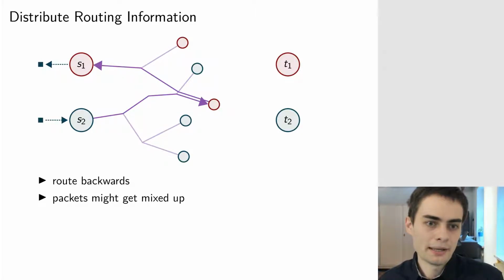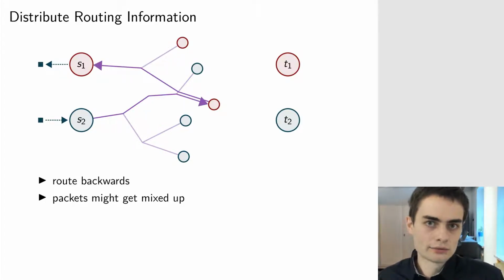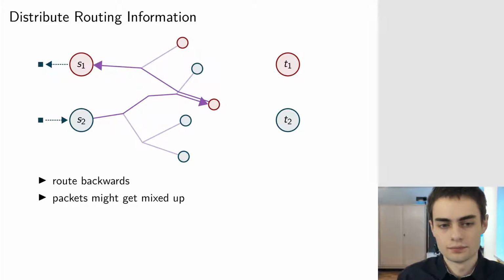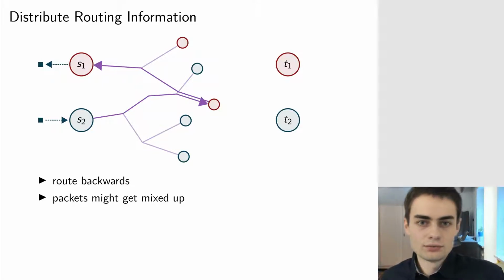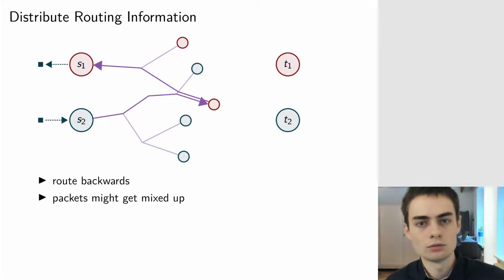In particular, a packet here of the second source might end up at an intermediate node, which originally belonged to the first source. And it's not clear how to route from that intermediate node to the target which we want. So instead of going to the target, we go back to the source node, and there again the packets might not arrive at the original intended destination, so the packet might arrive at the other source.